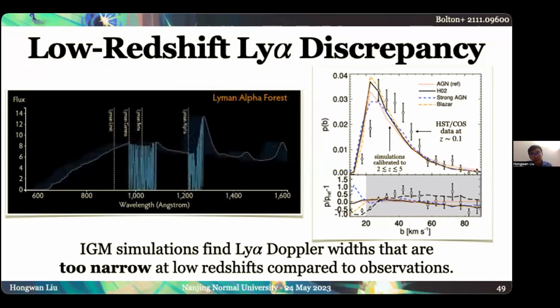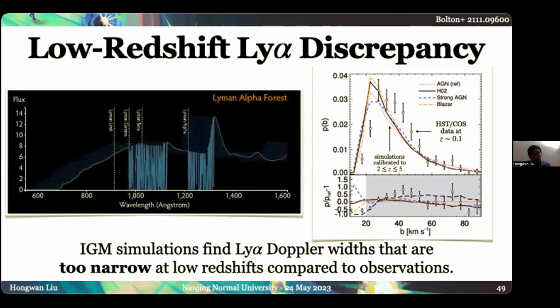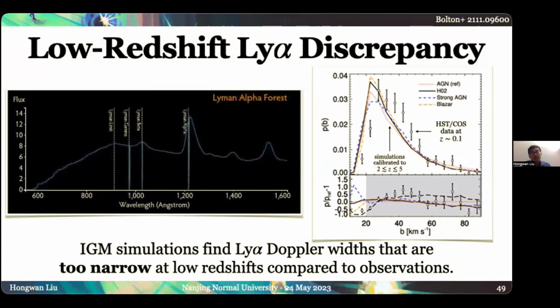On the right, I'm showing you some data that we have had for many years now. The data points that you see here come from the Hubble Space Telescope, from something called the Cosmic Origins Spectrograph that is on the HST.